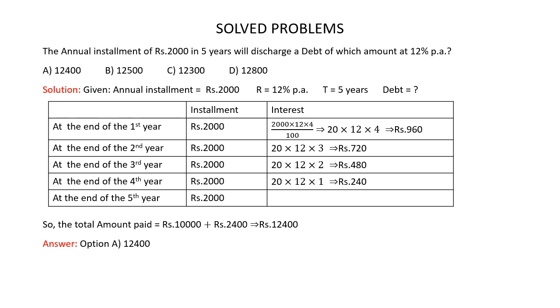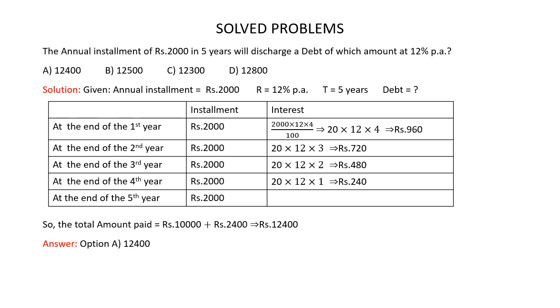So the debt has to be repaid in 5 years. Now this payment includes both the installment and the interest. Now the installment is the same for all the 5 years. So at the end of the first year, installment is rupees 2,000.